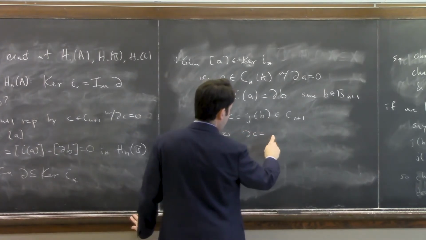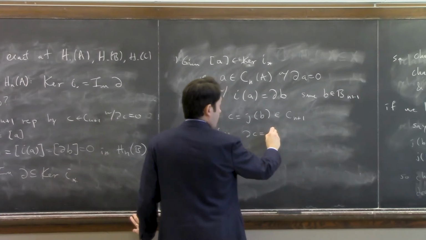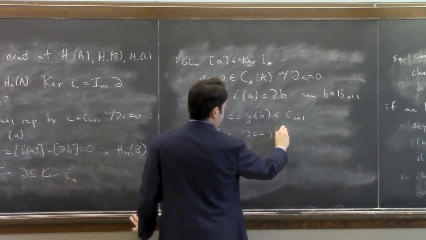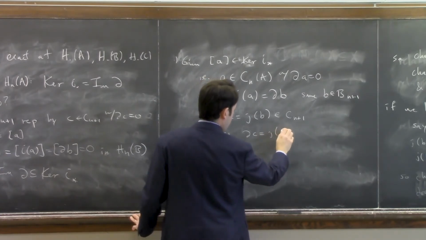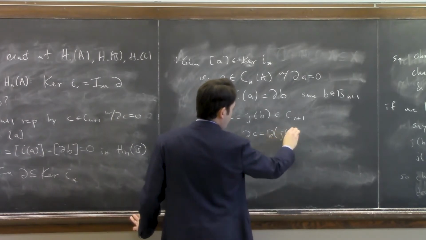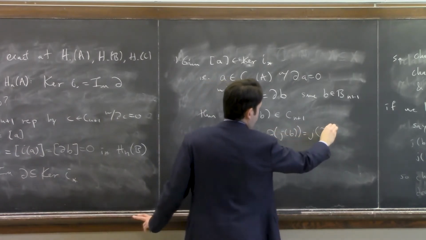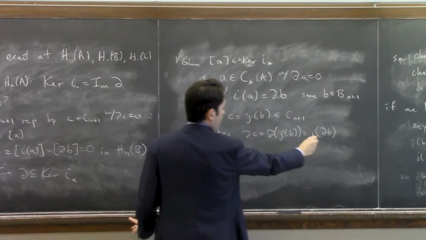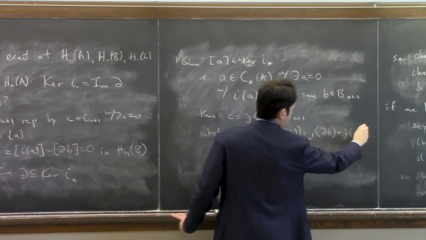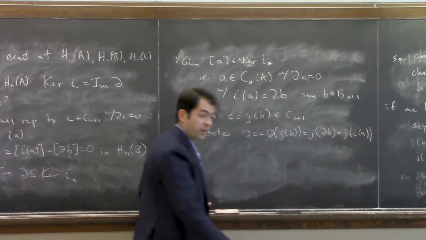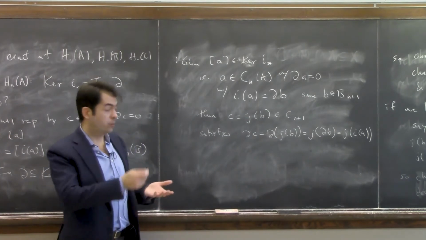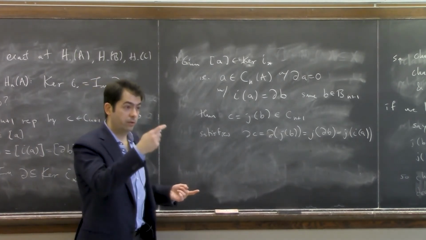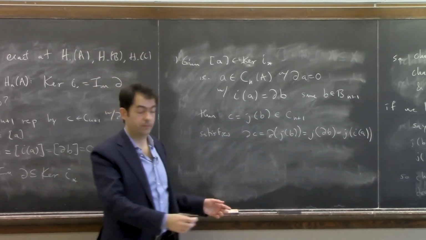Boundary of C is equal to the boundary of J of B, which is J of the boundary of B, but boundary of B is I of A, so this is J of I of A. But we started out with the short exact sequence, so if you do J composed with I, you get 0.